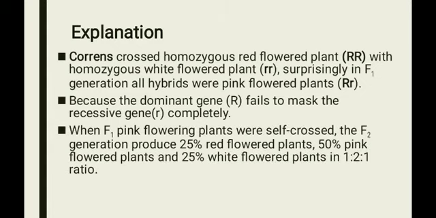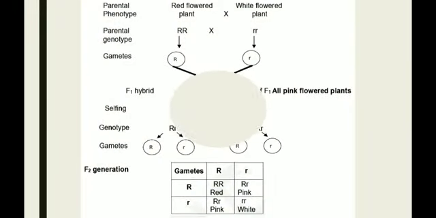When F1 pink flowering plants were self-crossed, the F2 generation produced 25% red flowered plants, 50% pink flowered plants and 25% white flowered plants, in the ratio 1:2:1. This is the schematic representation of incomplete dominance.